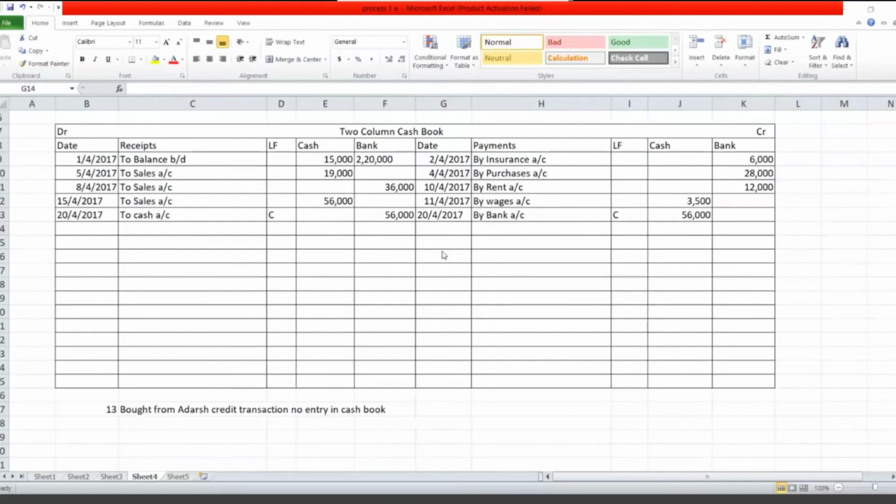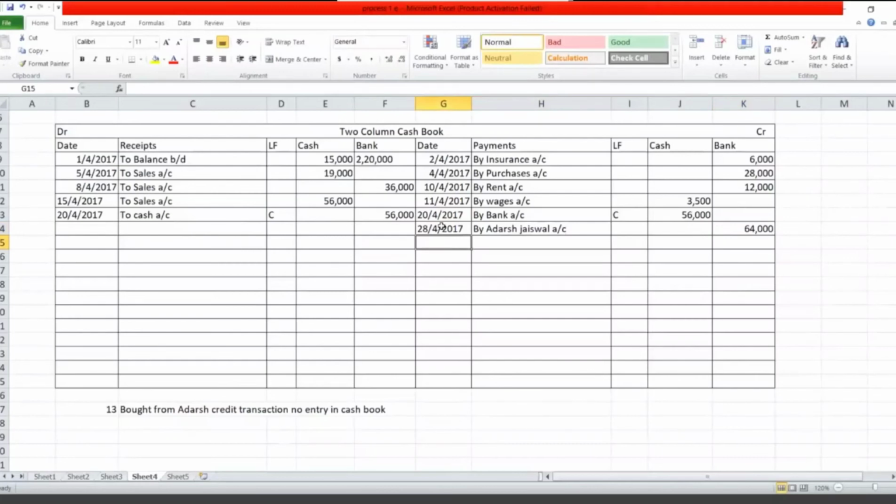That payment we have done now. What was the date? On 28th. 28/4/2017 by Adarsh Jaswal. We made the payment through the check. So in the bank column 64,000.